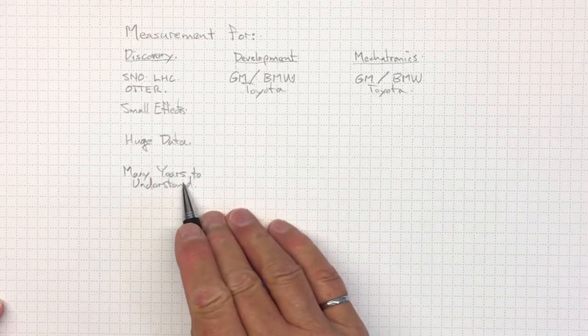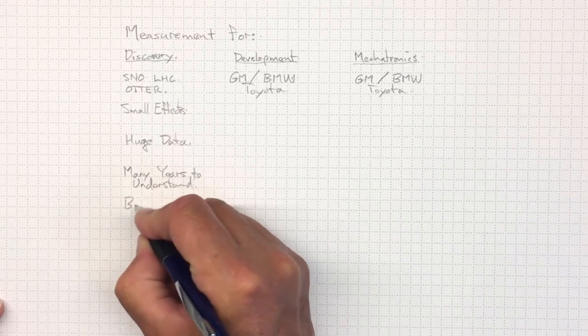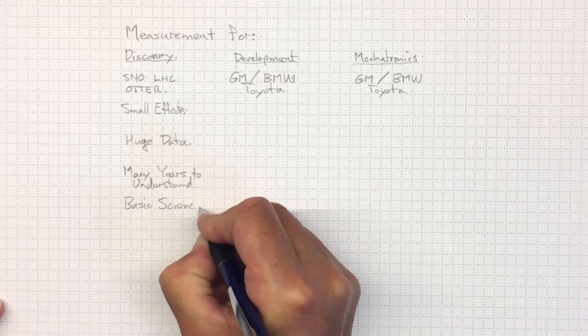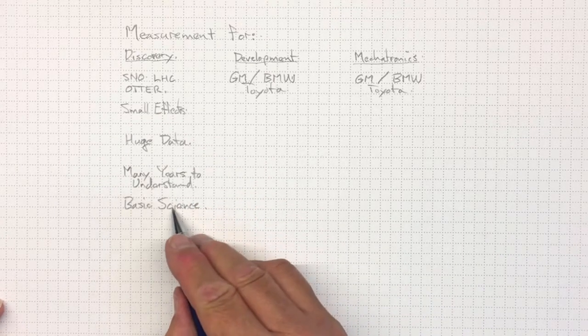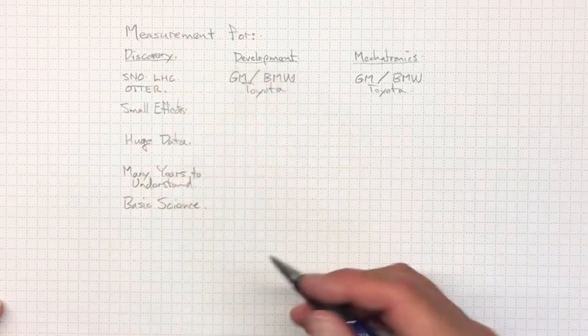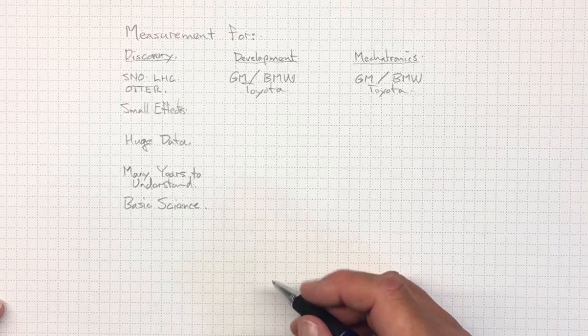And we can afford to take many years to do that because we're doing basic science. And this science may be motivated by a real application, making it engineering science, but we're still trying to understand the basic physics of what's going on and discover the nature of those relationships.